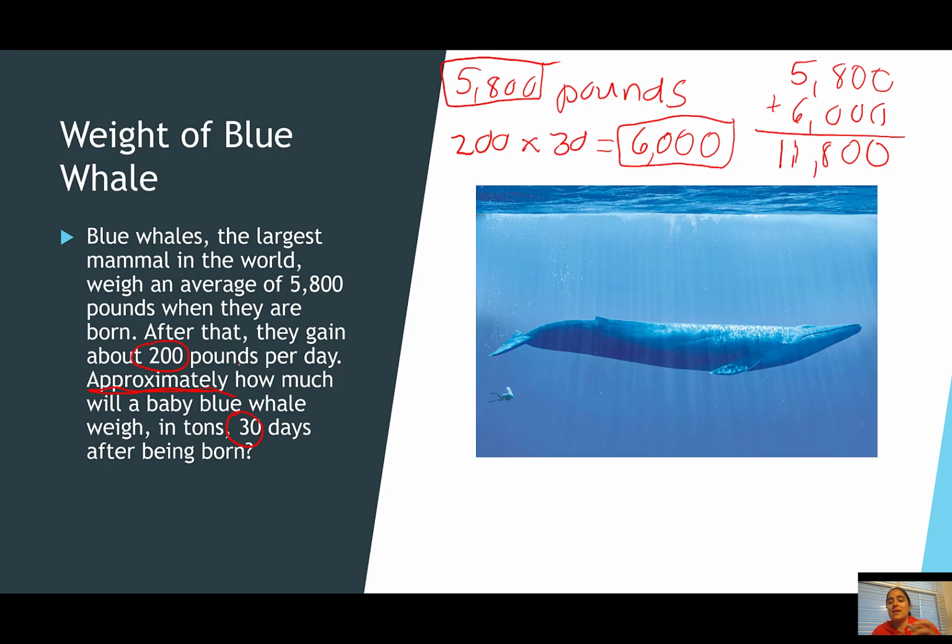So if I want to convert that to tons, let's start just by estimating that. What would 11,800 round to if I'm rounding to the nearest thousand? Well, here's the thousands place and I look next door to the 8, I would get 12,000. So the whale after 30 days is going to weigh approximately, this is like the sign for approximately, 12,000 pounds.